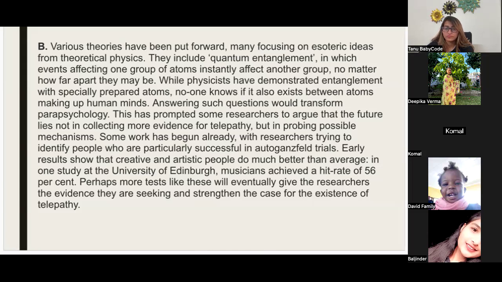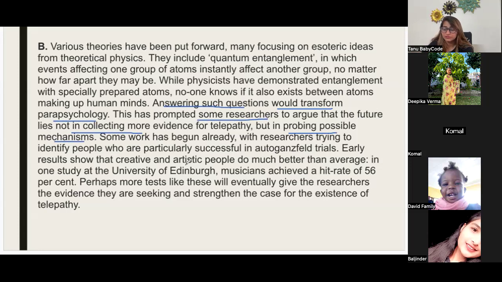Read it here. Answering such questions would transform parapsychology. This has prompted some researchers to argue that the future lies not only in collecting more evidence, but in probing possible mechanisms. So he's talking about parapsychology, that they are looking for possible mechanisms.